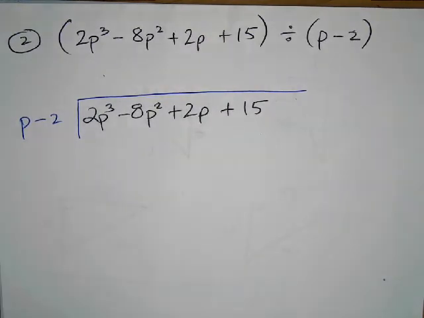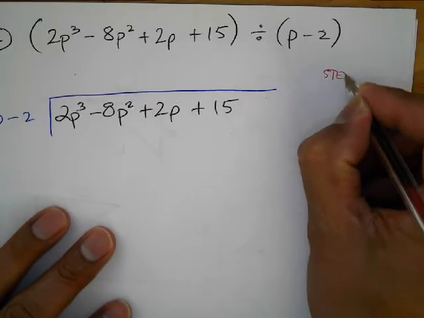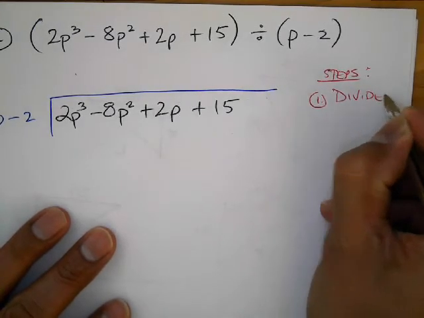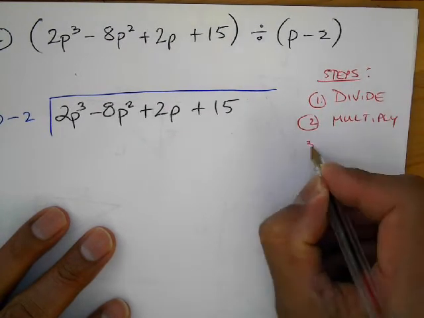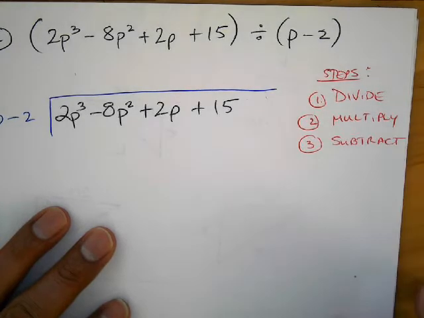Okay, so remember the steps for division? Steps over here. Number 1 is to divide, that's the first step. The second is to multiply. And the third is to subtract. All right.